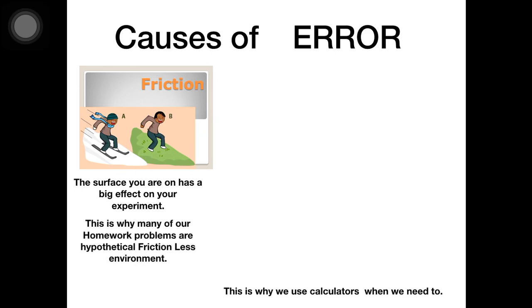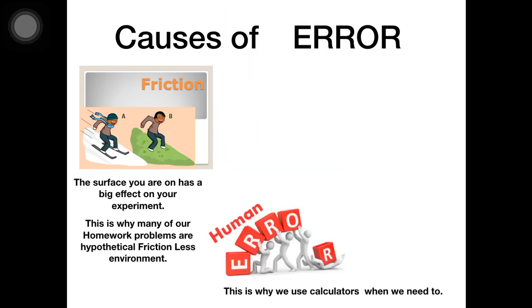This is why many of our homework problems are hypothetical, frictionless environments. When you do your homework, oftentimes in order to see the ideal, we pretend that there is no friction.